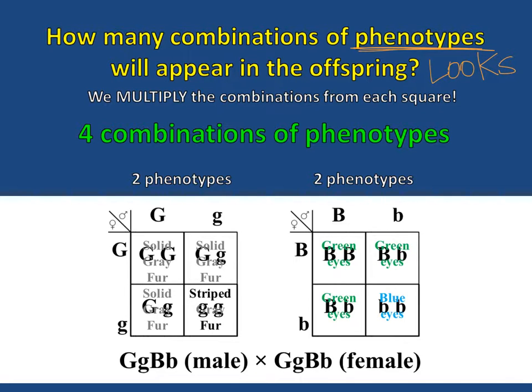So what you're going to do is multiply, just like it says there. 2 times 2 equals 4. So the answer to this problem is 4 combinations of phenotypes. It is important that you look at what they are asking for, if they're looking for genotypes or phenotypes.